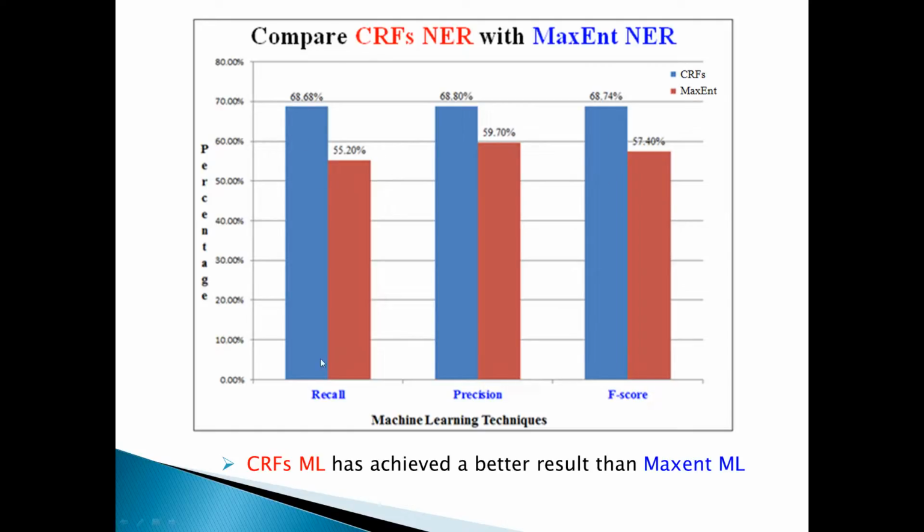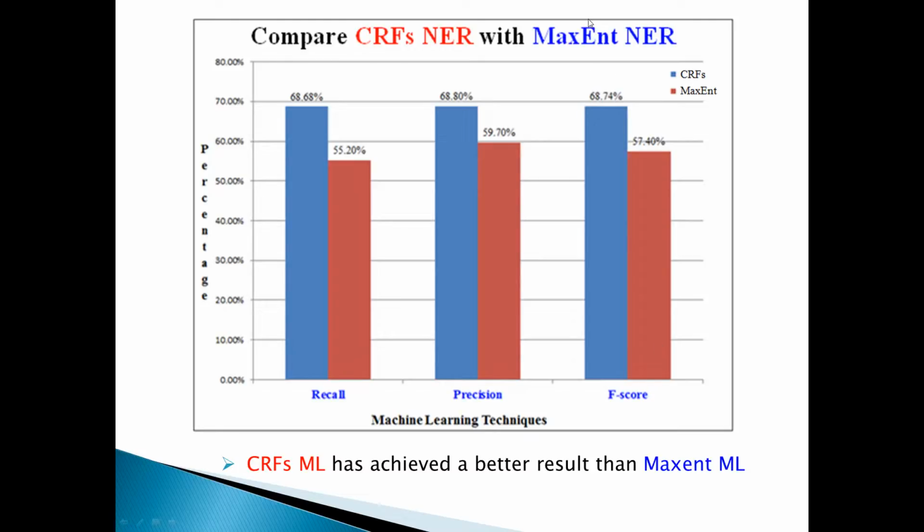As we can see, the conditional random fields based on semi-supervised learning, which uses probabilistic modeling, is much better than maximum entropy modeling. So we came up with two new techniques, but we are working further to improve these.